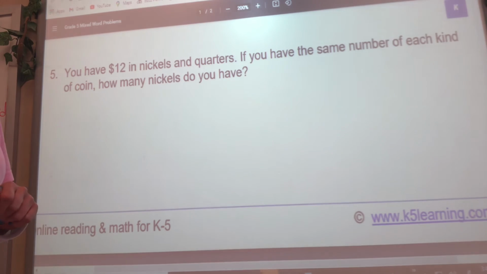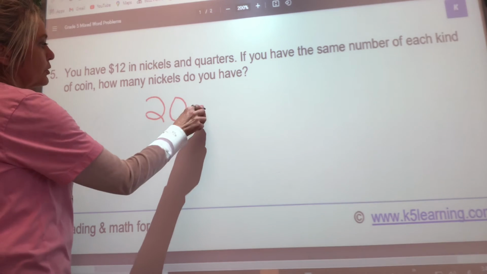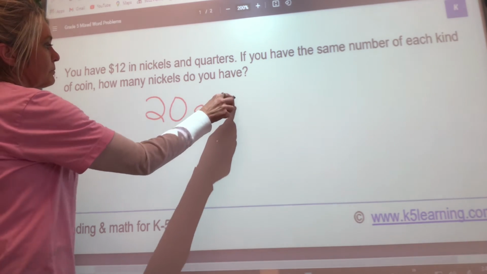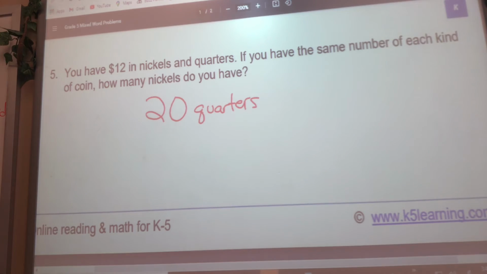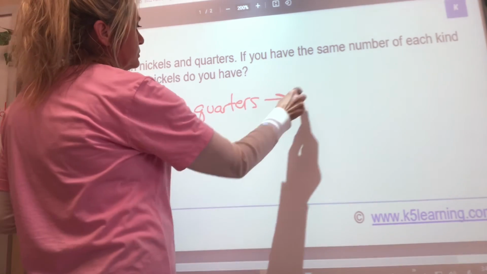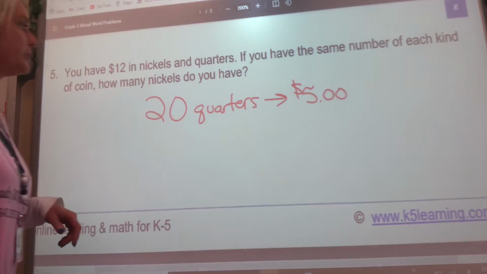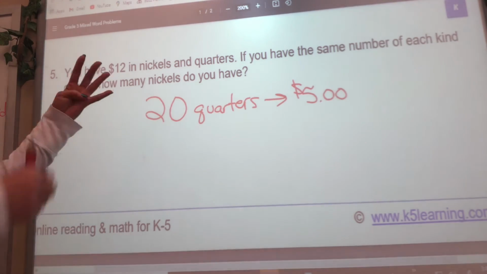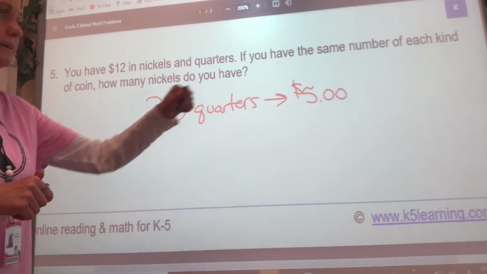We're going to go through and we're going to say, we know that 20 quarters is equal to $5. Okay, that's just something that we know. Because 20 divided by 4, because there's 4 quarters in $1, 20 divided by 4 would be $5.